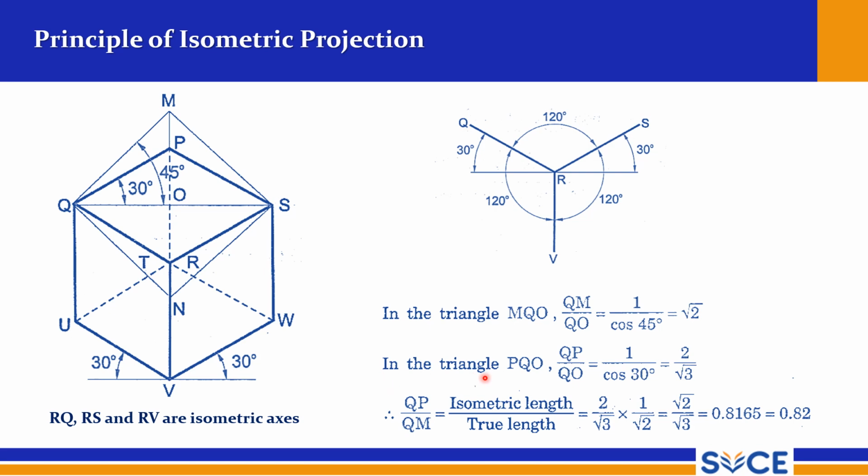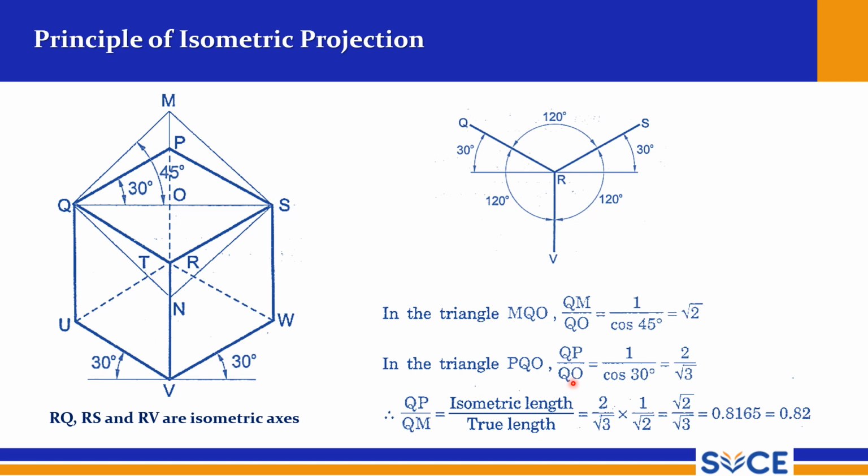In the other triangle PQO, MQO is the actual triangle, and PQO is the iso triangle. If you take the ratio QP by QO, it is cos 30, which is root 3 by 2, and the QP by QM can be obtained.